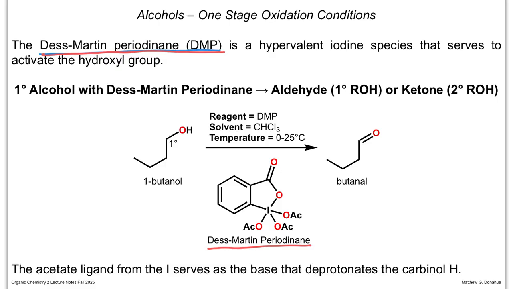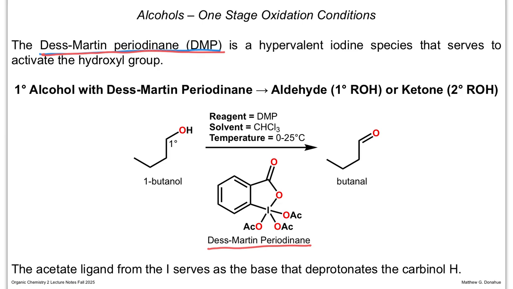If you had a secondary, it would go up to a ketone. So those are the three main conditions to oxidize. And in the prior lecture, we learned about reductions.